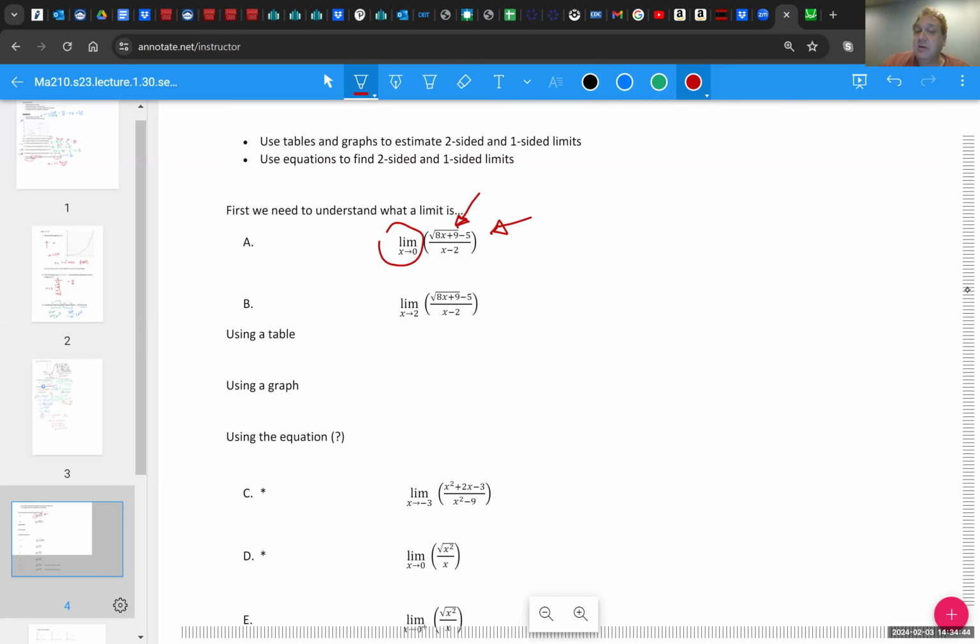And the x value is supposed to be very close to 0. So what happens when x is very close to 0? I'll say very, because we aren't really, really close to 0.